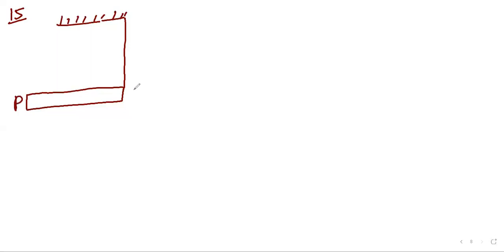This is P, this is Q. This is your length L. A rod PQ of mass M. So this is your mass M rod. Length L is hinged at end point P. So this is the point P given to you.